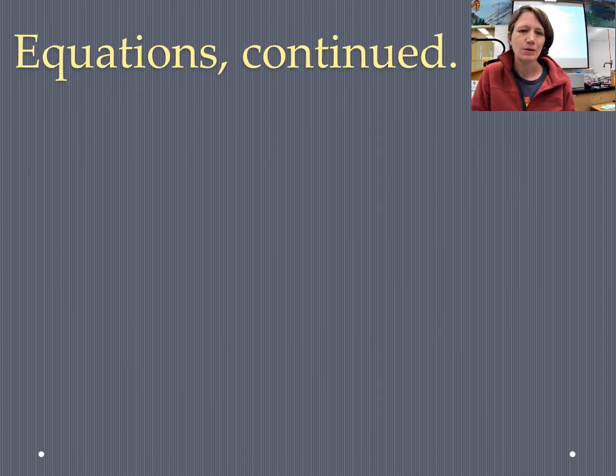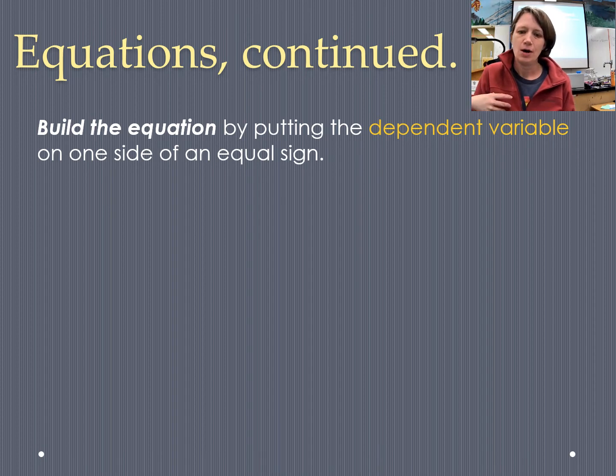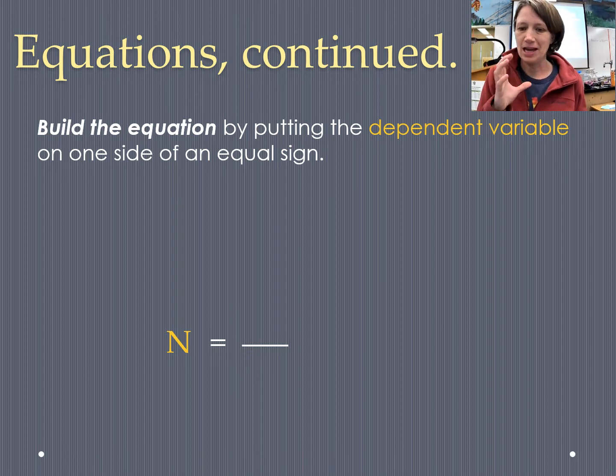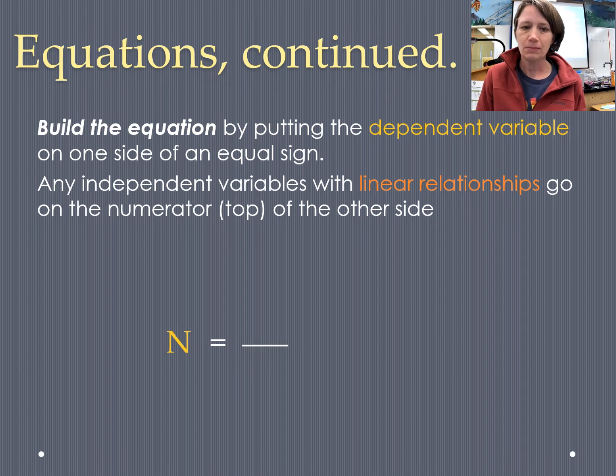The last step in building your equation is to actually combine the information that we've learned about our variables into the final equation. So what you do is you start by putting the dependent variable on one side of an equal sign. So I've got the n, which is my dependent variable, all alone on one side of the equal sign. Then any independent variables that had linear relationships with n go on the top, or the numerator, of the other side.